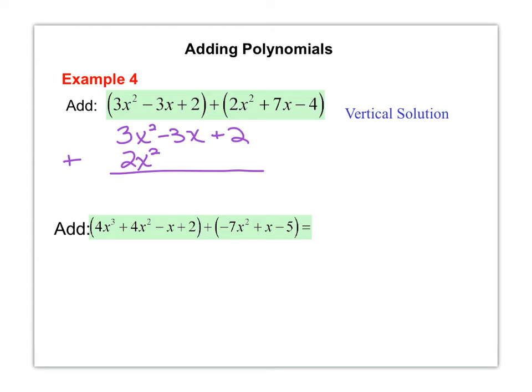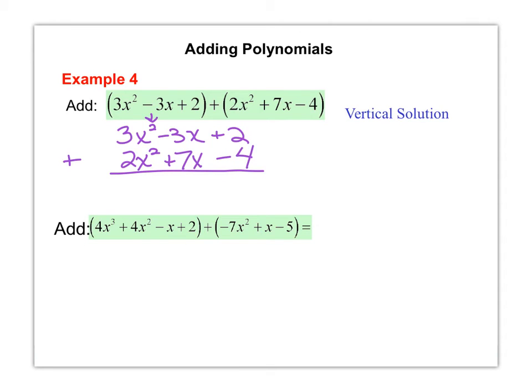I'm combining the like terms, so when I put them in a vertical solution, I make sure that the terms are like terms and they are in the same appropriate columns. So I'm going to write plus 7x and minus 4.